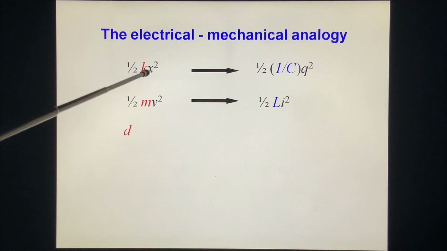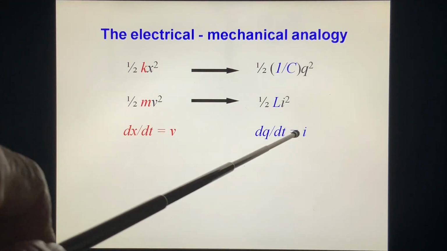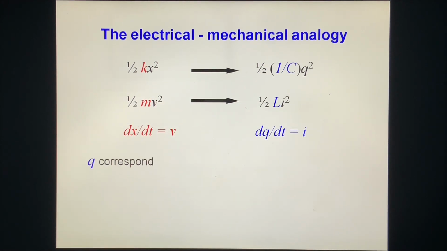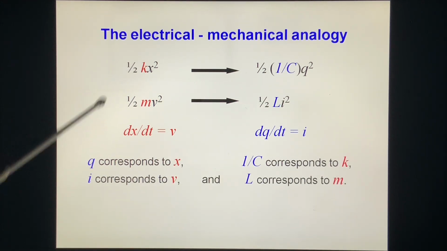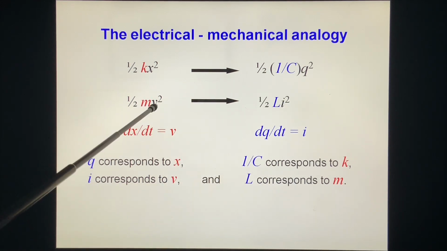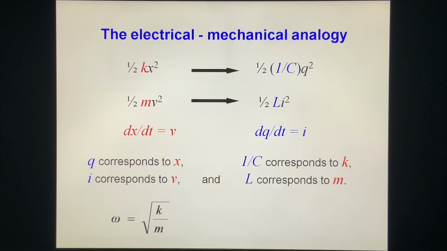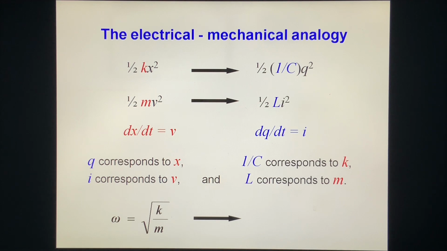Here we see dx/dt equals v, and dq/dt equals i, so that's why they're similar. q corresponds to x, 1 over C corresponds to k, i corresponds to v, and L corresponds to m. We know in mechanical oscillation omega equals the square root of k over m. So k corresponds to 1 over C, and m corresponds to L. So in electrical oscillation, omega is equal to 1 over the square root of LC.